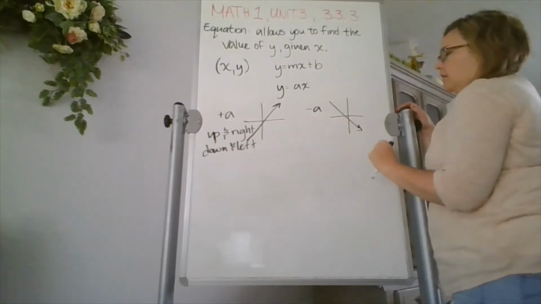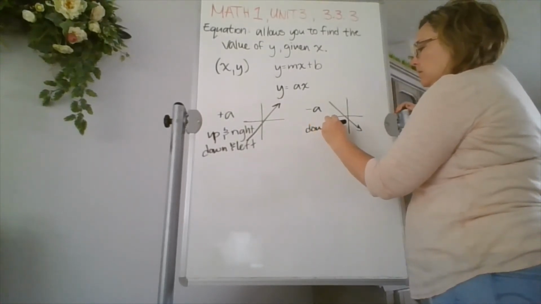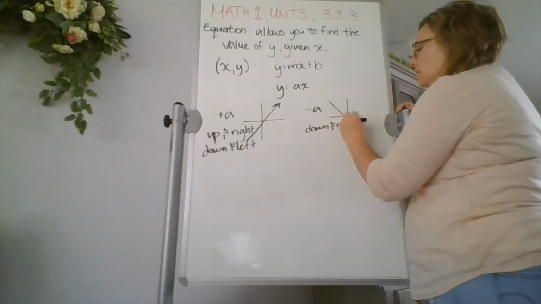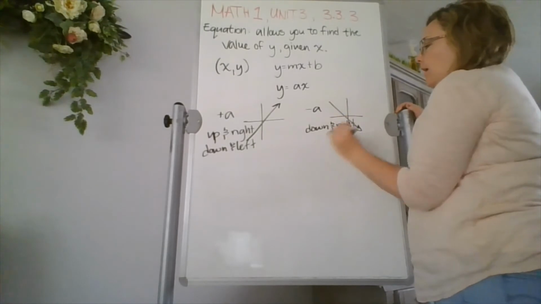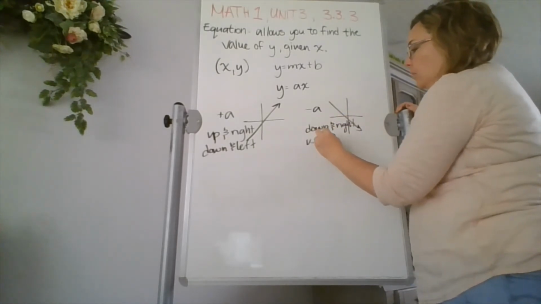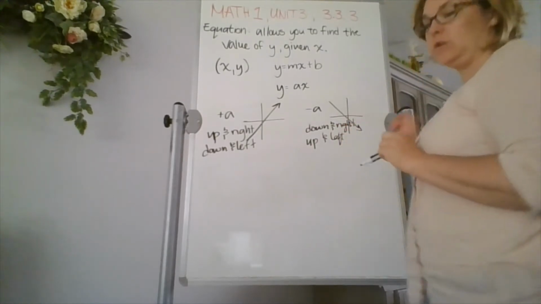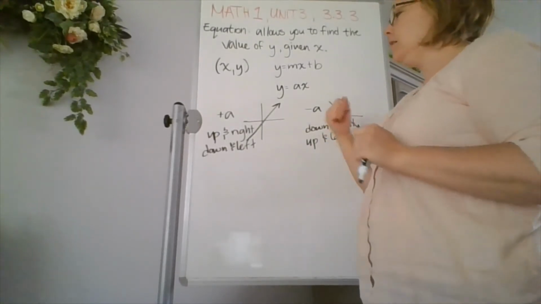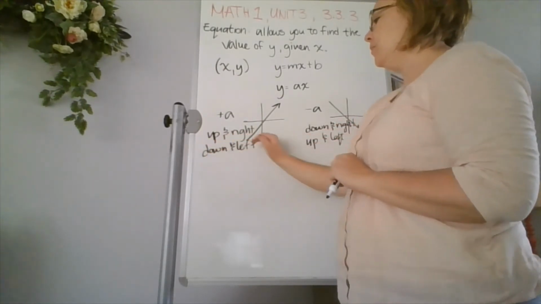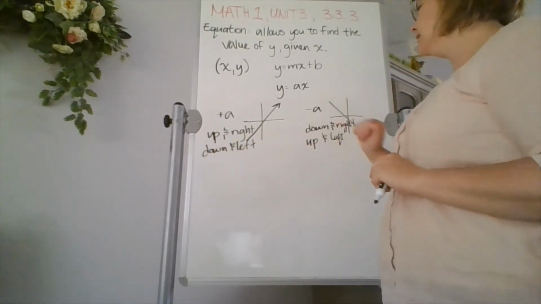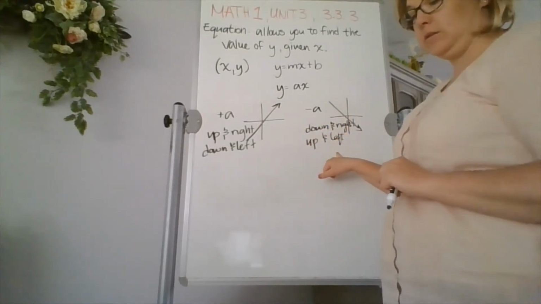If it's negative, then we can go down and to the right, or if we're traveling to the left, it would go up and left. You will have quiz questions that will ask you, if a is positive, then, and you'll have to identify up and right or down and left, and if a is negative, then it will need to be down and right or up and to the left.